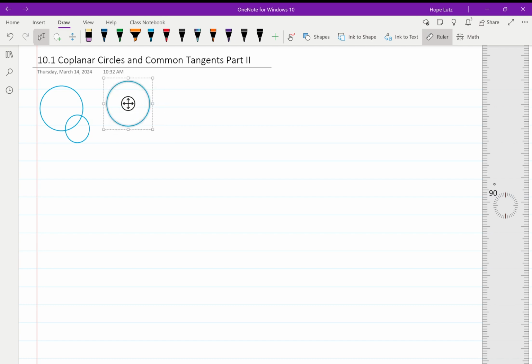we're going to have two circles and one inside the other. So we're just going to draw that. And then we're going to draw two circles where one's inside and one's outside.